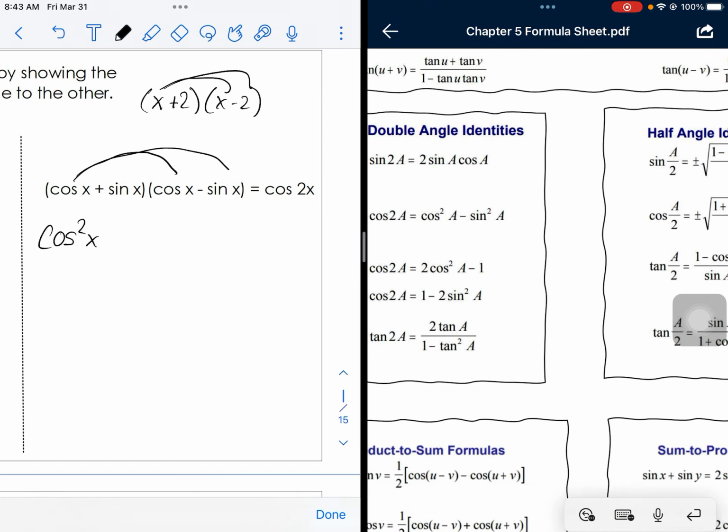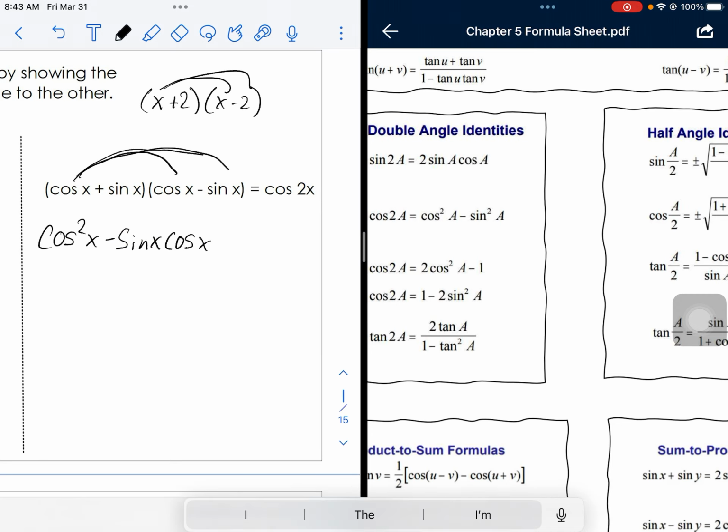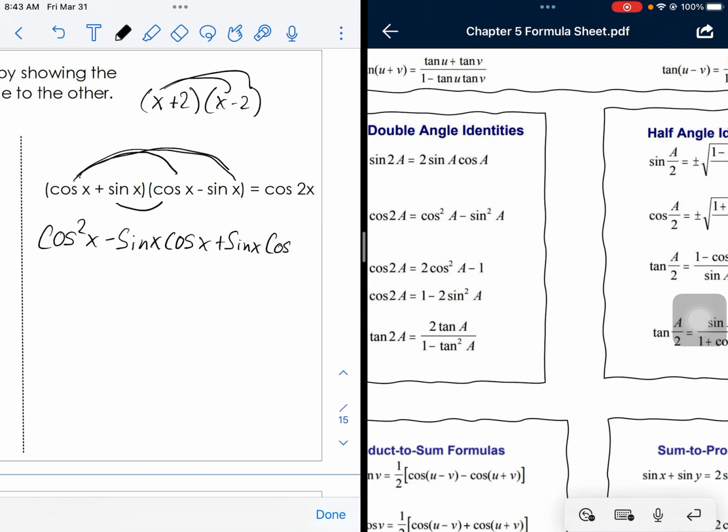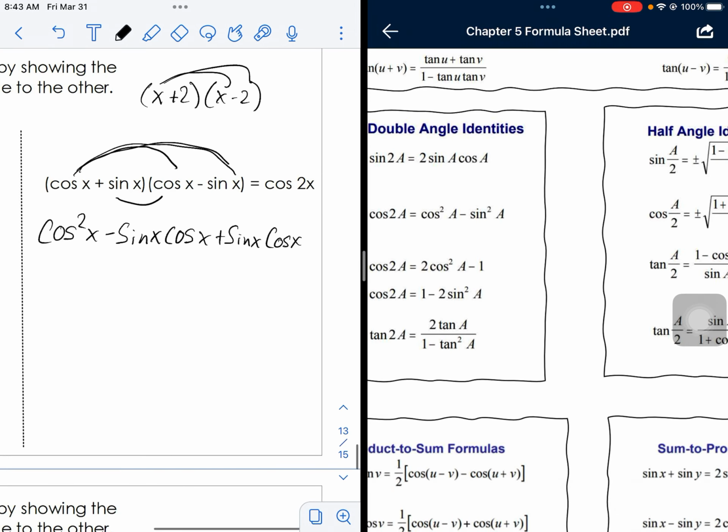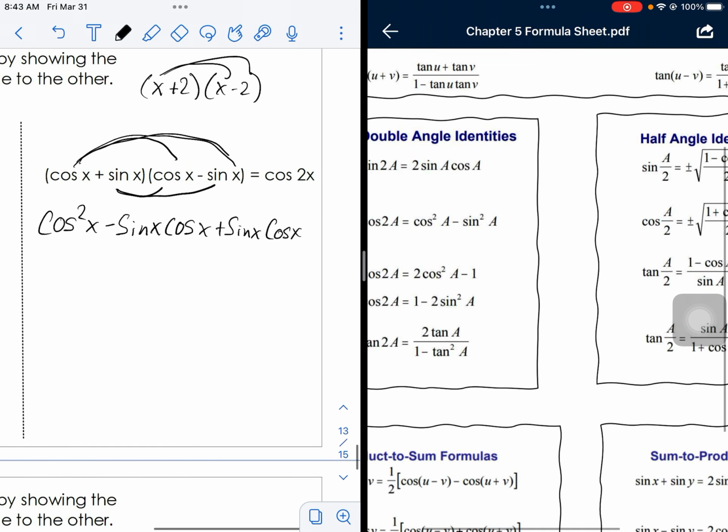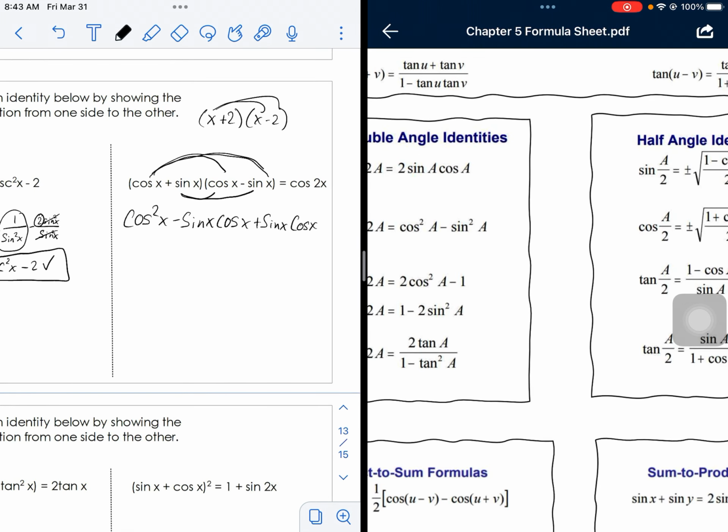cosine squared x minus sine x cosine x when I distribute here. And then I have a positive sine x cosine x. And then lastly, I end up with this minus sine squared.